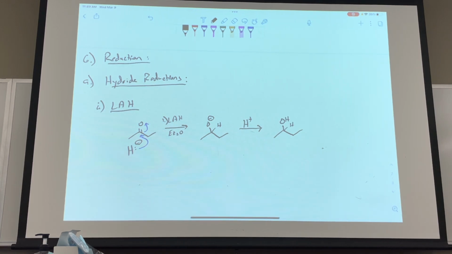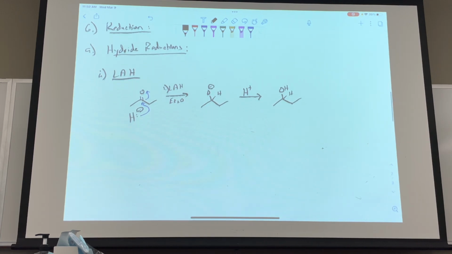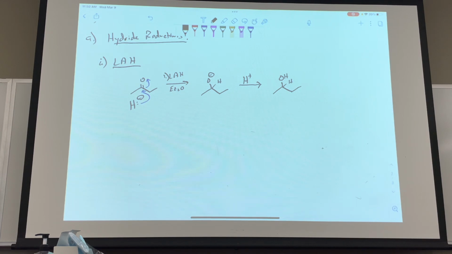And we make the alcohol. Okay. So in terms of the borohydride mechanism, it's going to be virtually the same.